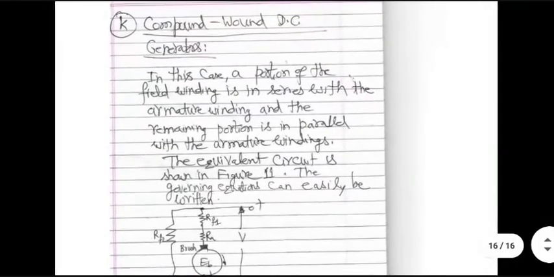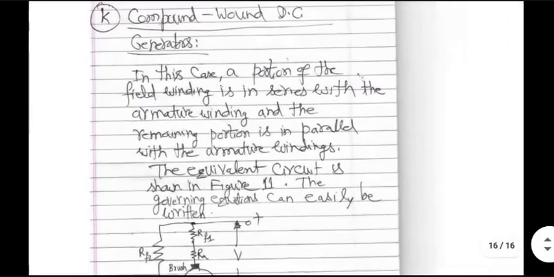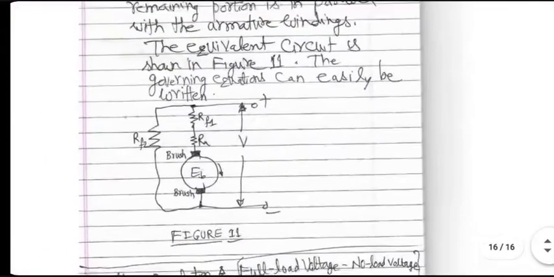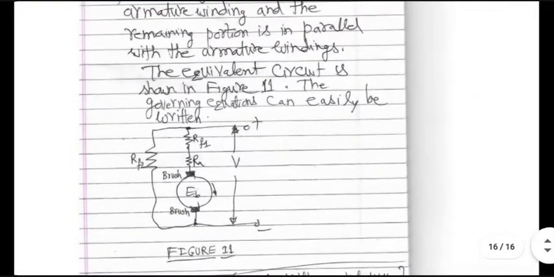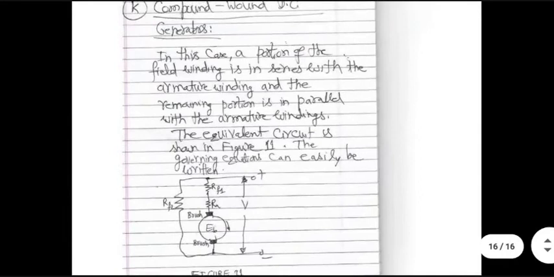Compound winding means a combination of series winding and parallel winding or shunt winding. A portion of the field winding is in series with the armature winding and the remaining portion is in parallel with the armature winding. This is actually used a lot in real life because this gives you flexibility to improve the performance in a continuous manner based on the load situation.